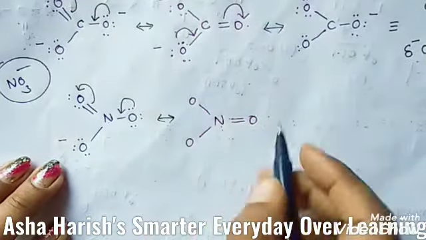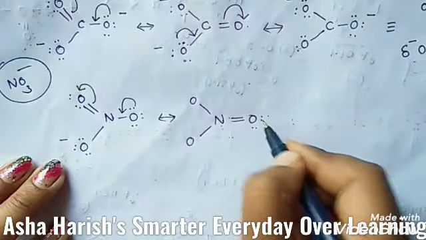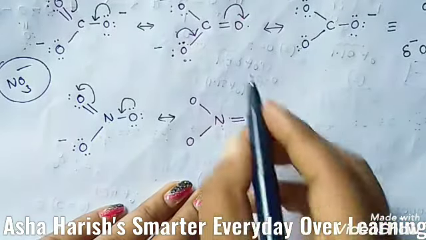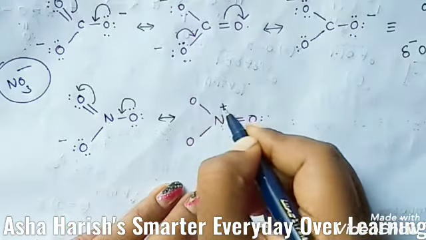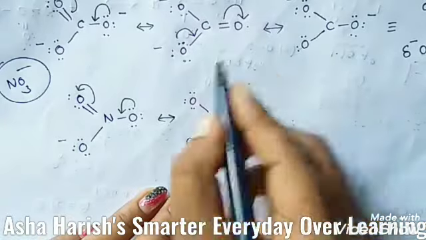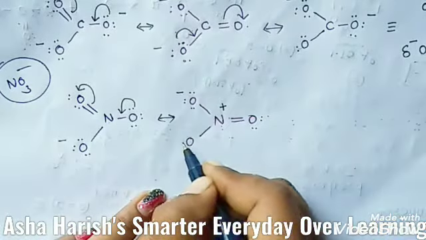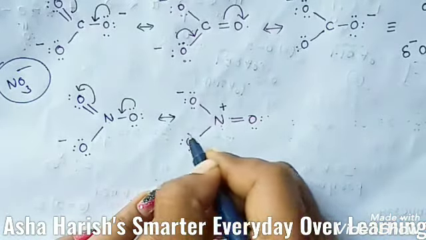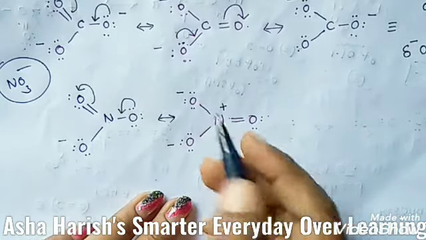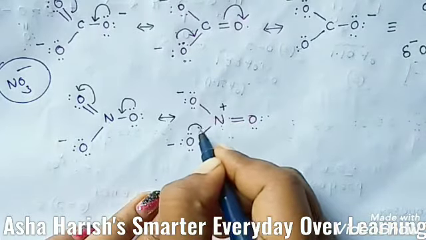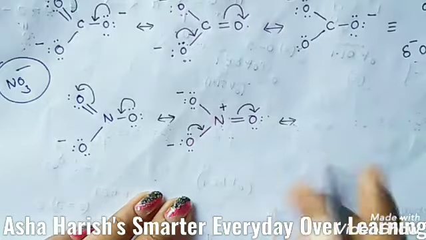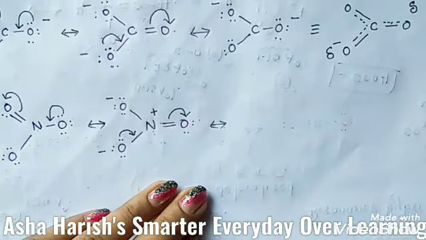And here, students, you can see 2 lone pairs, and here is the positive charge, and here 3 pairs of electrons with negative charge, and here also the same 6 electrons with negative charge. So if you shift this pair of electrons towards this bond like this, now what is the final structure we are going to have?